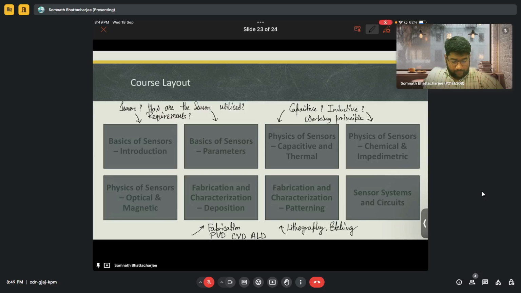Then finally, how to characterize your sensors. Okay, I'll change the color maybe. How to characterize your sensors.